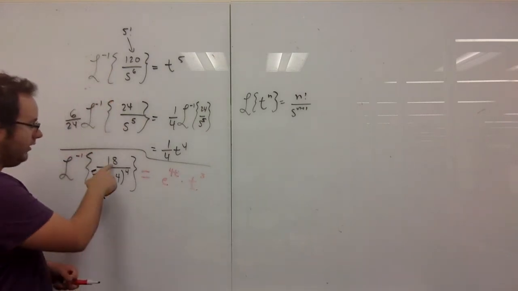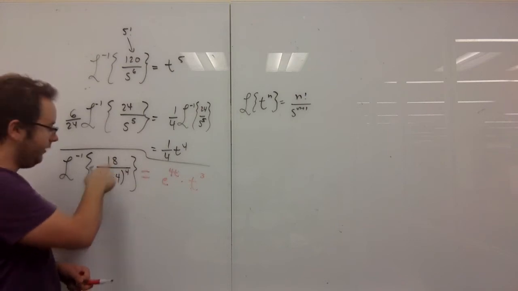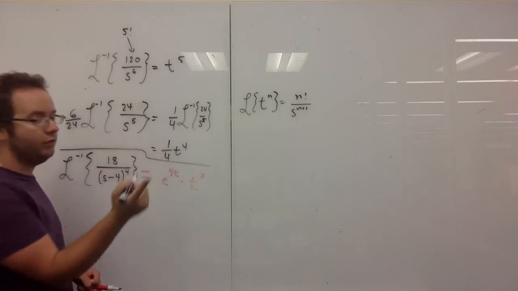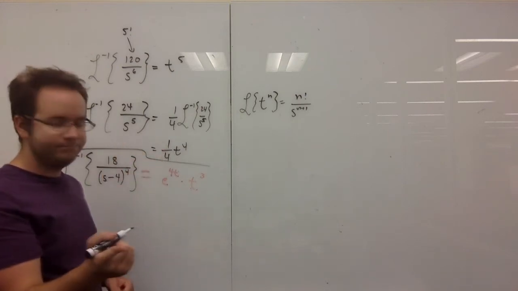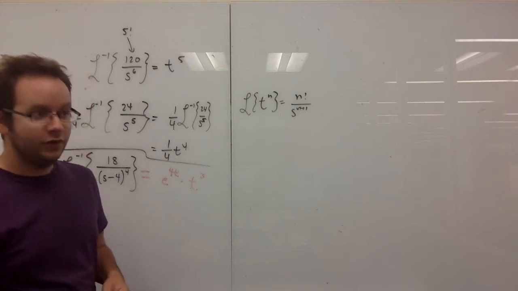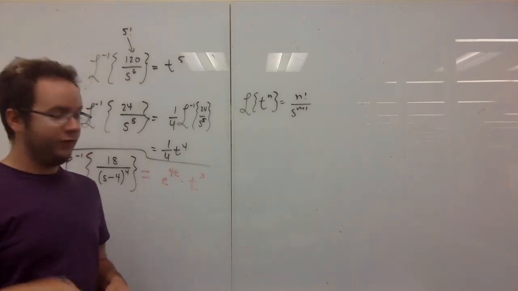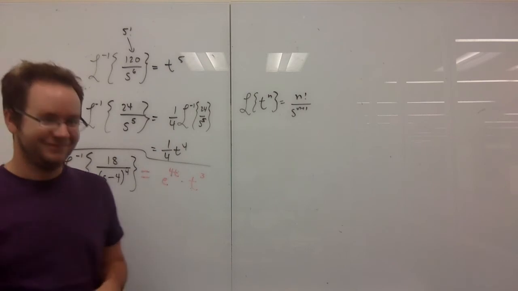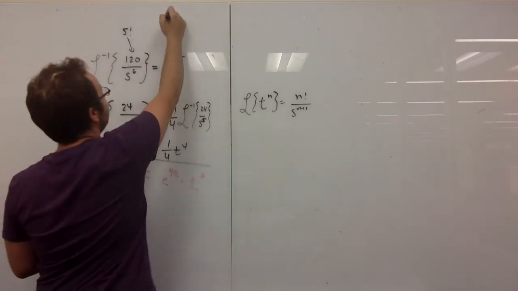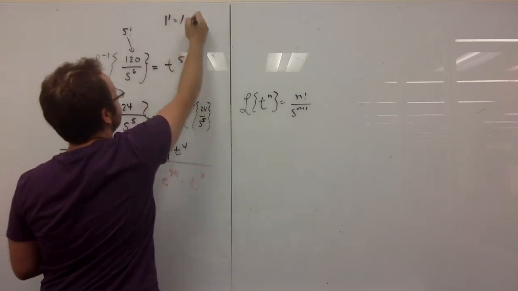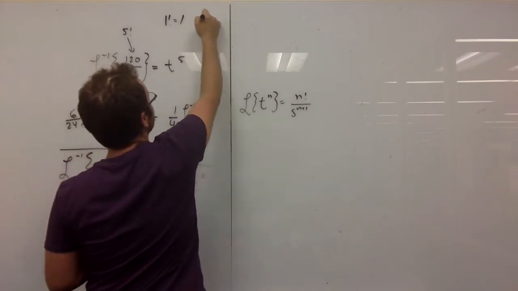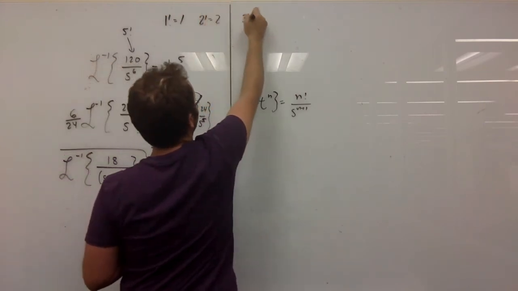Here we have 18 over s to the 4th. Basically, what is 3 factorial? 4 factorial is 24. Oh wait, it's 1 times 2 times 3. Yes.